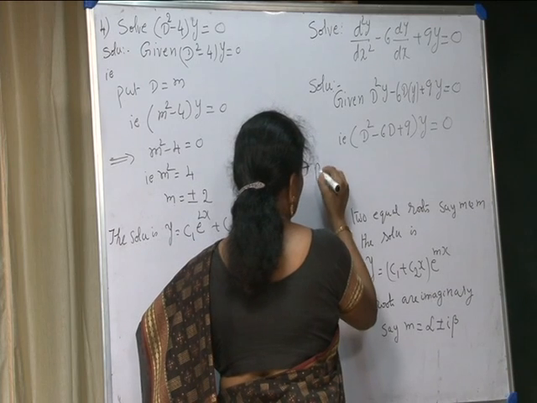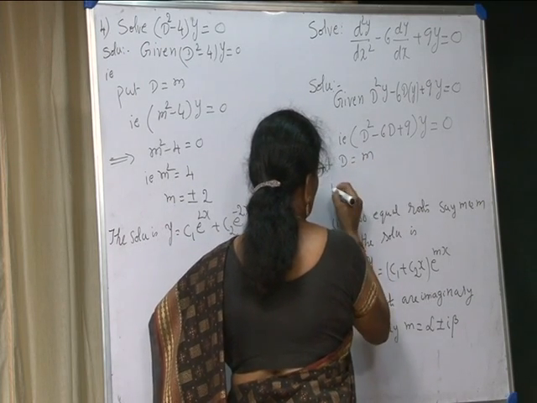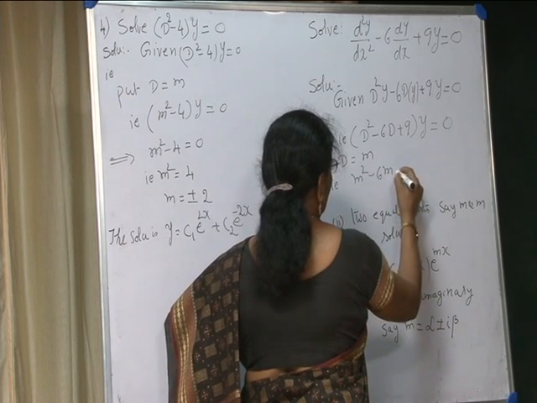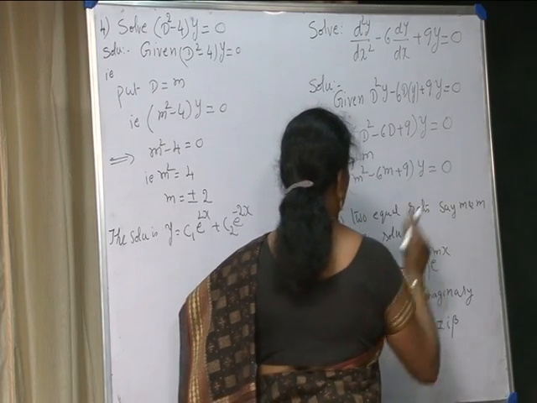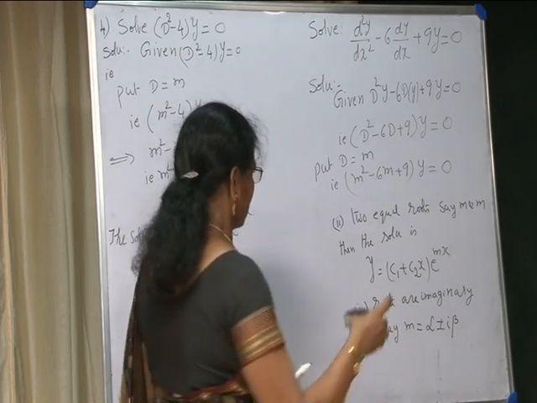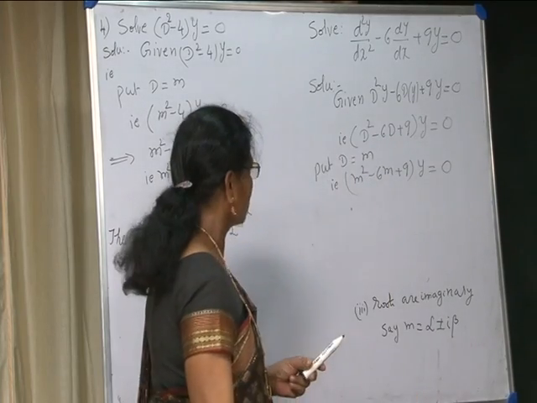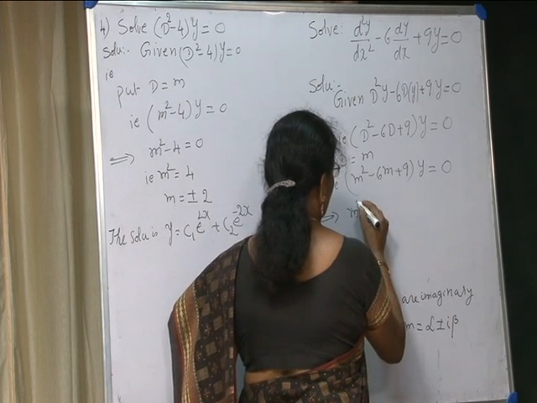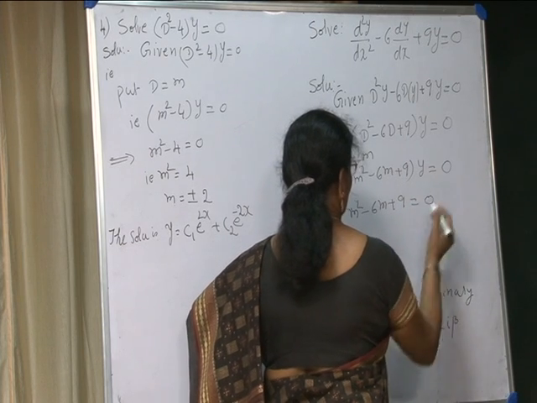Put d is equal to m, that is m squared minus 6m plus 9 into y is equal to 0. That implies m squared minus 6m plus 9 is equal to 0.